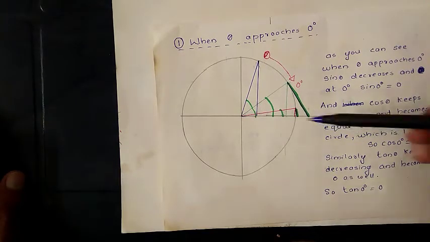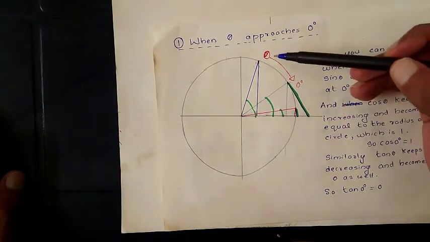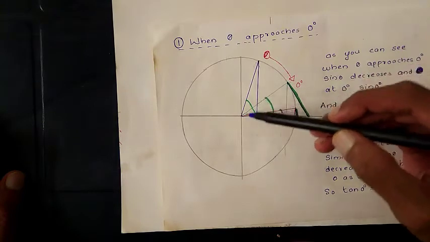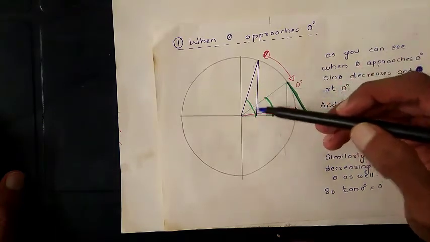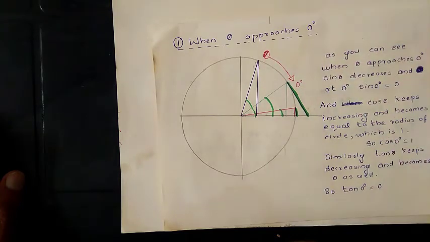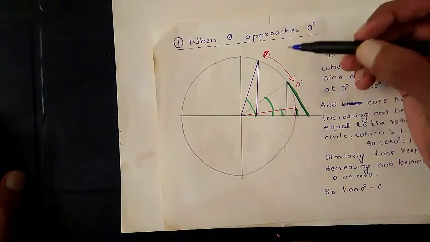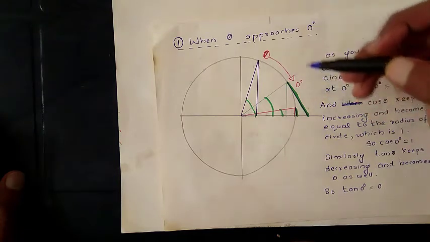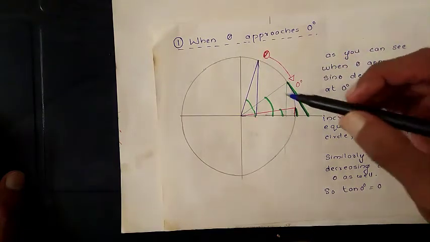Here the theta value, which is the angle of the right angle triangle, is decreasing. It is approaching 0 degrees.